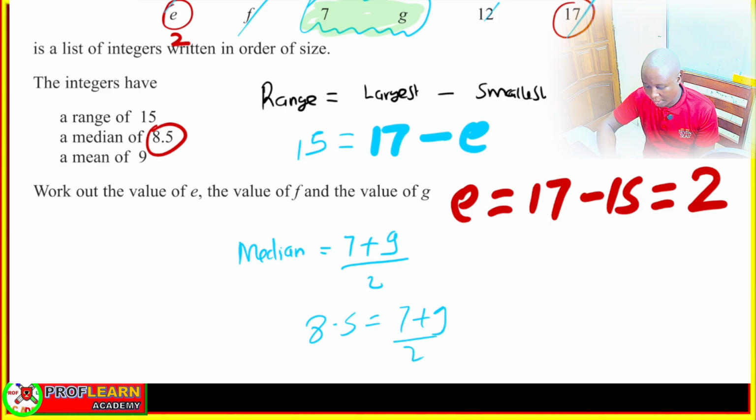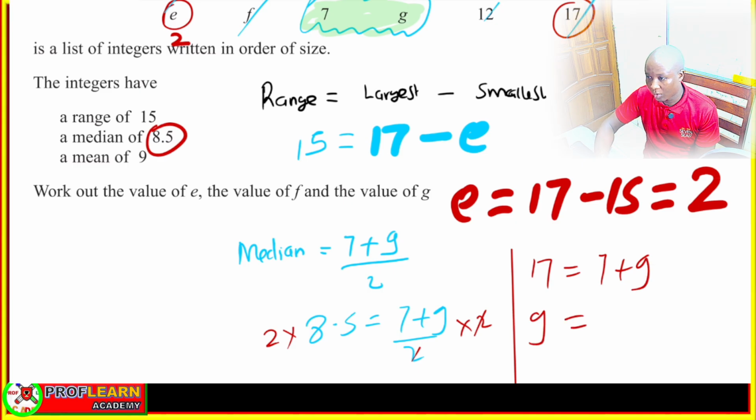So we can multiply both sides by 2 to get rid of the 2 here, and then we end up having 17 is equal to 7 plus G. So G is going to be 17 minus 7, and that's going to be 10. So our G is basically 10.